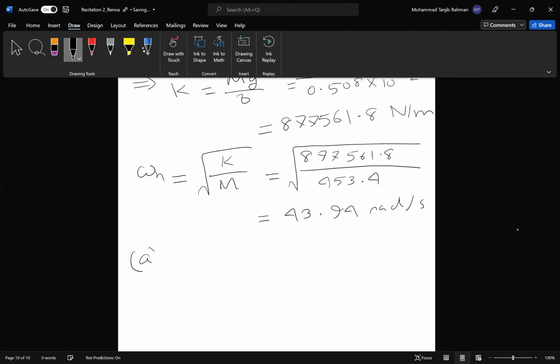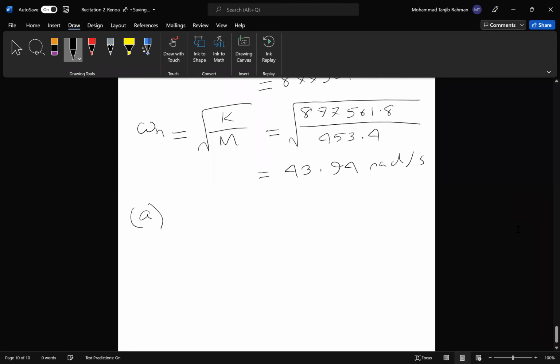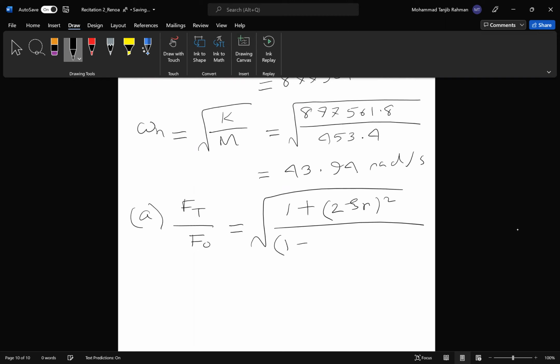Now for part A, we need to find the transmitted force, which is called Ft. So we know Ft by F naught is equal to root of 1 plus 2 zeta r whole square, divided by 1 minus r square whole square plus 2 zeta r whole square. Since the problem tells us to neglect the damping, I'll set zeta as 0.